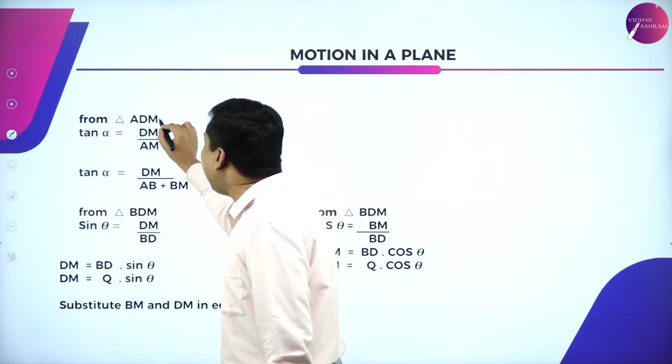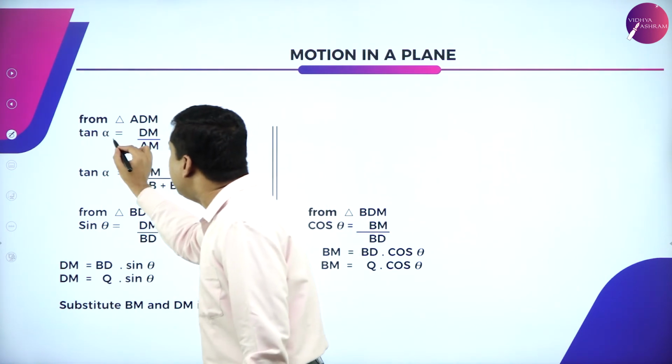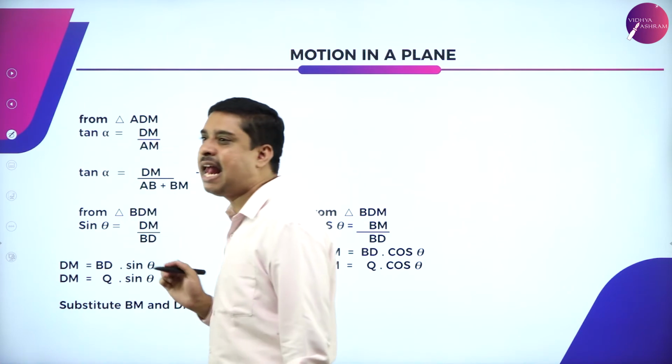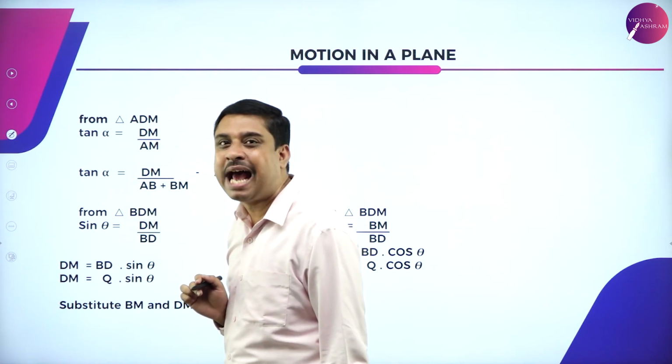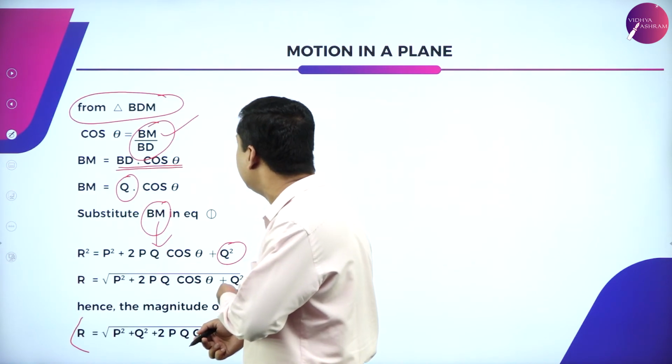And from the triangle ADM, now I define tan alpha. What is tan? Opposite by adjacent.